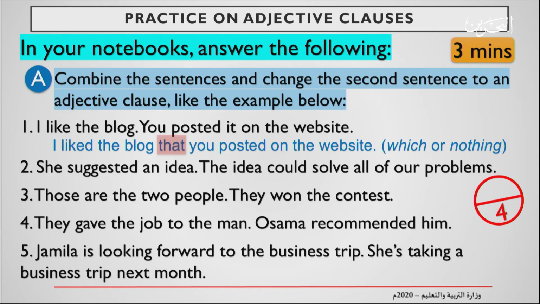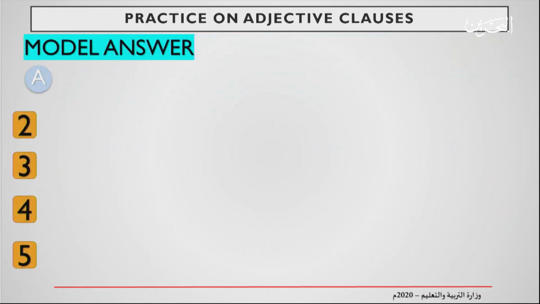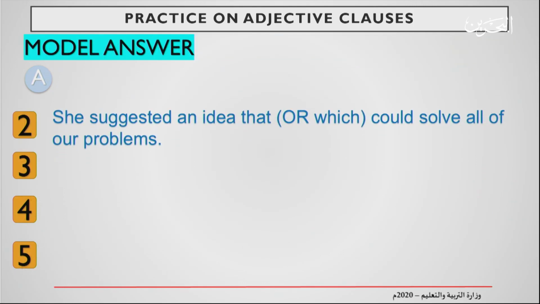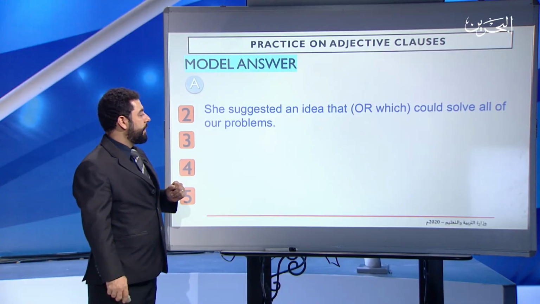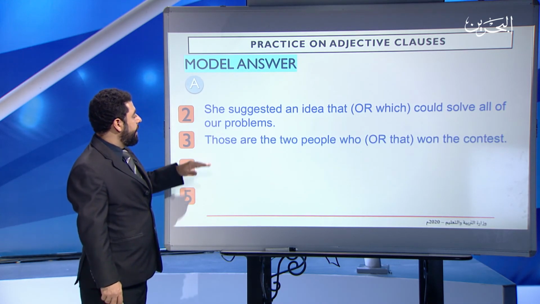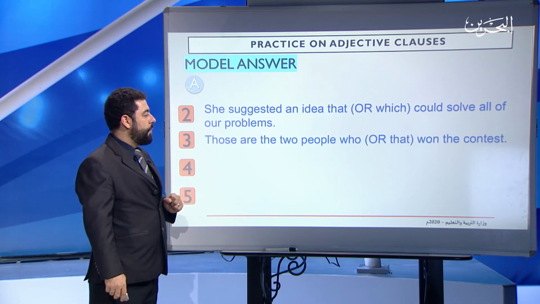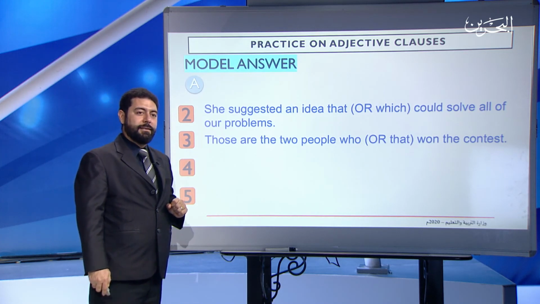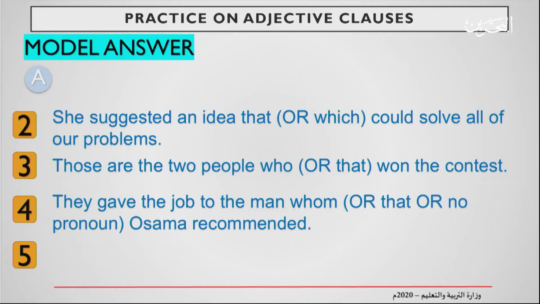Let's jump to the model answer. Number 2. She suggested an idea that, or which, you can use both of them, could solve all of our problems. Number 3. Those are the 2 people who or that won the contest. Number 4.